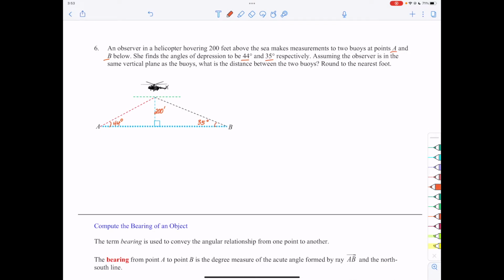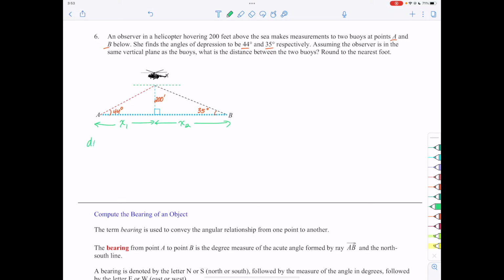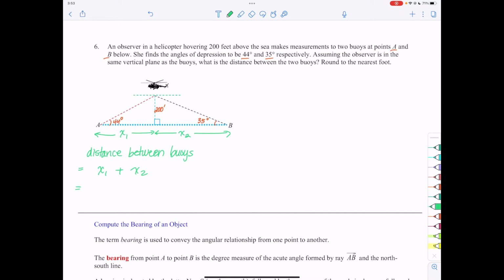So what we'll do is we'll have this distance be x1, and we'll let this distance be equal to x2. And the distance between the buoys is going to be equal to x1 plus x2. So let's find each of those individually.